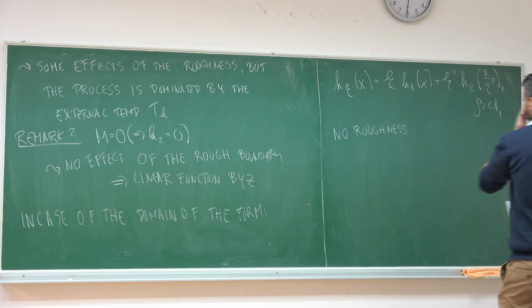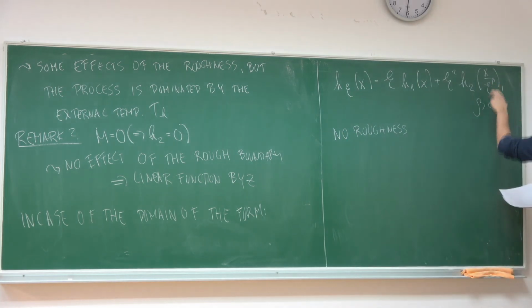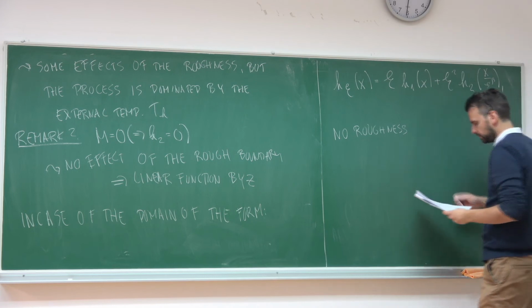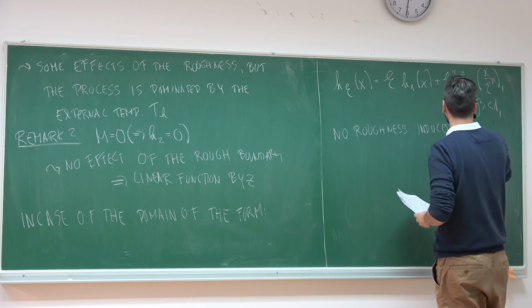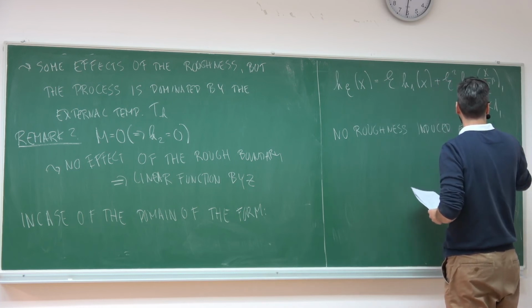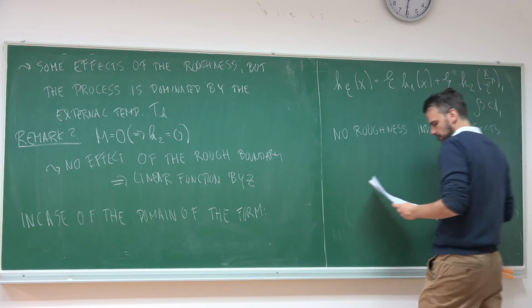So we took a very specific beta to be equal to 2. However, if you take this to be less than 1, no roughness-induced effects can be found in theta 0.